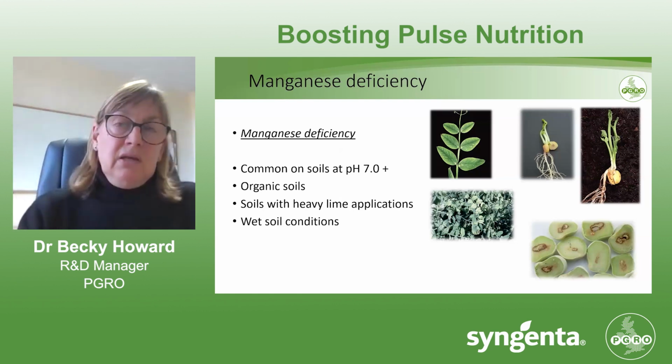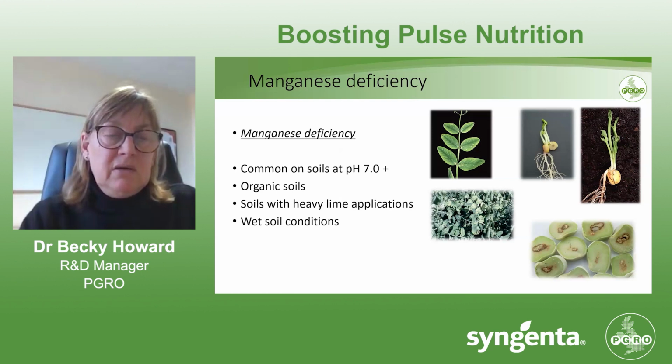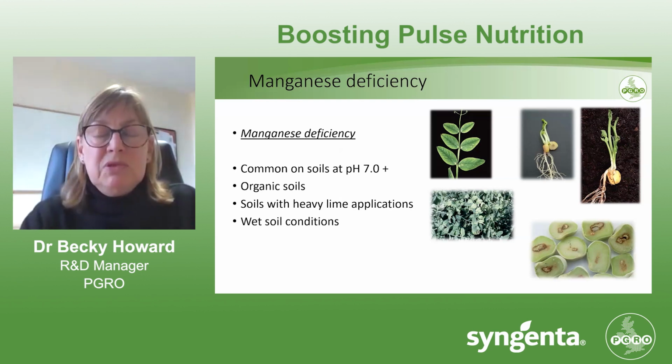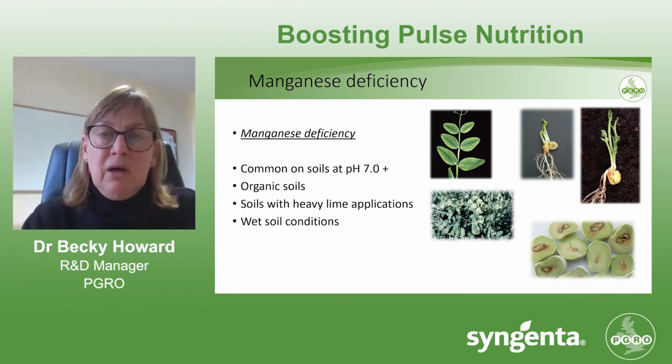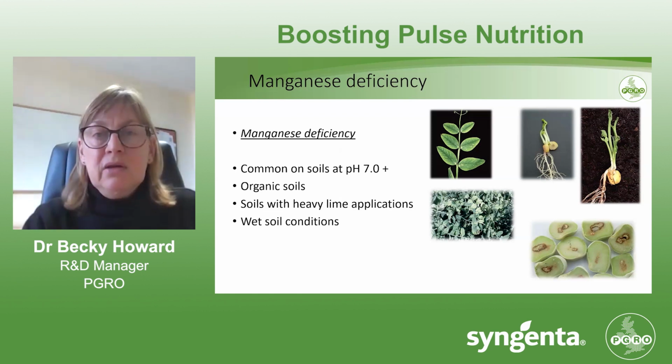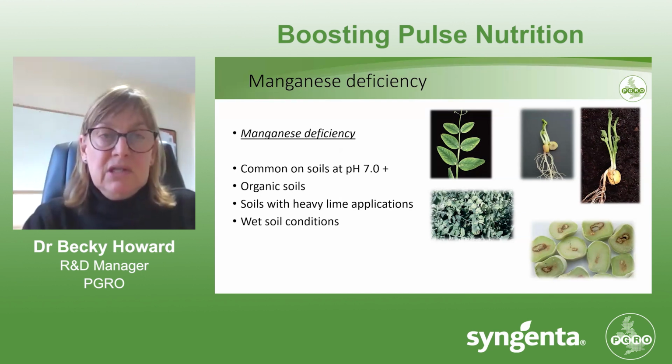I suppose the other key nutrient that I want to talk about is manganese, and there's a more specific reason why we talk about this, particularly in peas. So manganese deficiency is reasonably easy to identify in the plant. It leads to interveinal yellowing, and there's an easy way to distinguish manganese deficiency from magnesium deficiency.